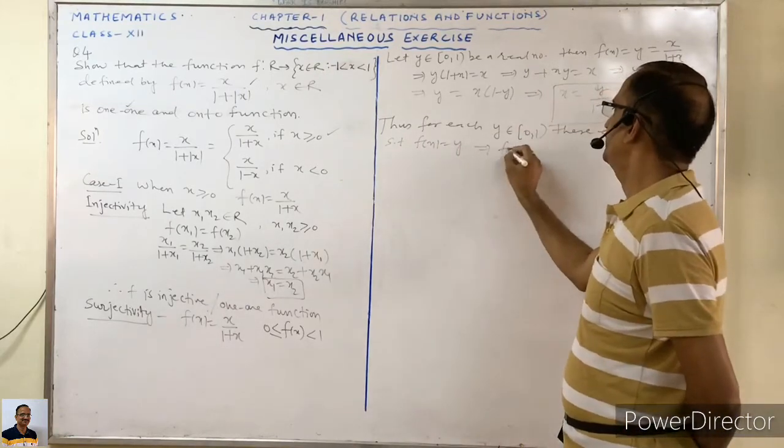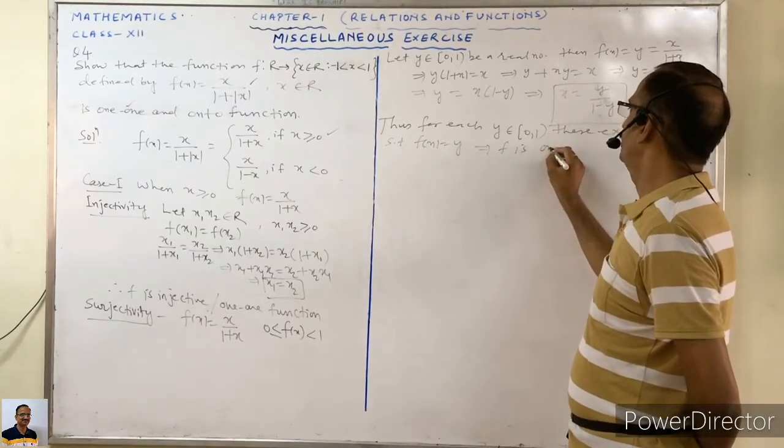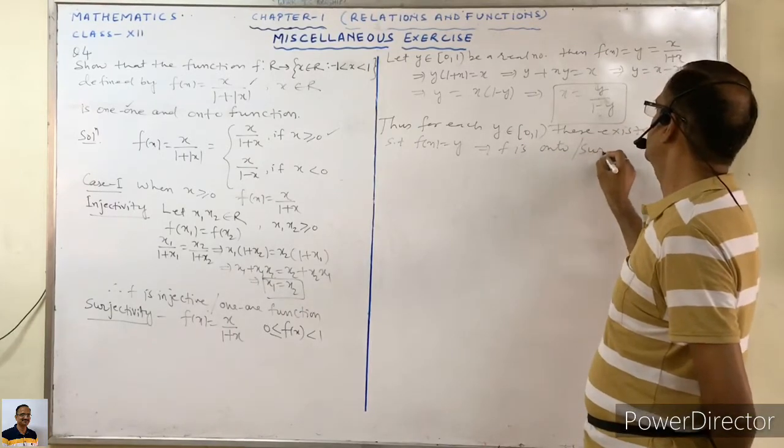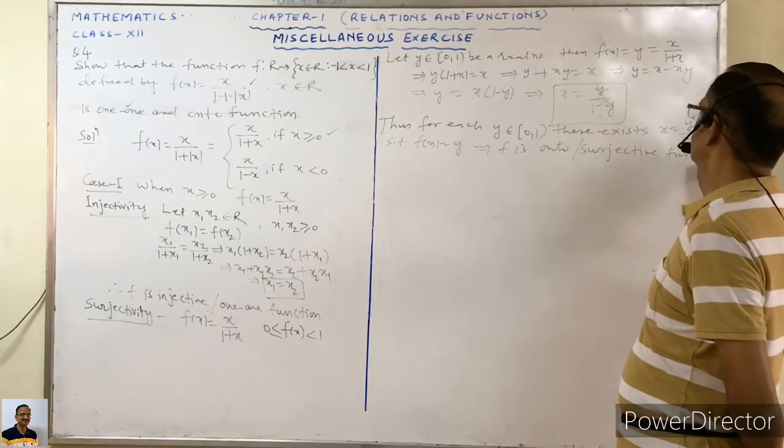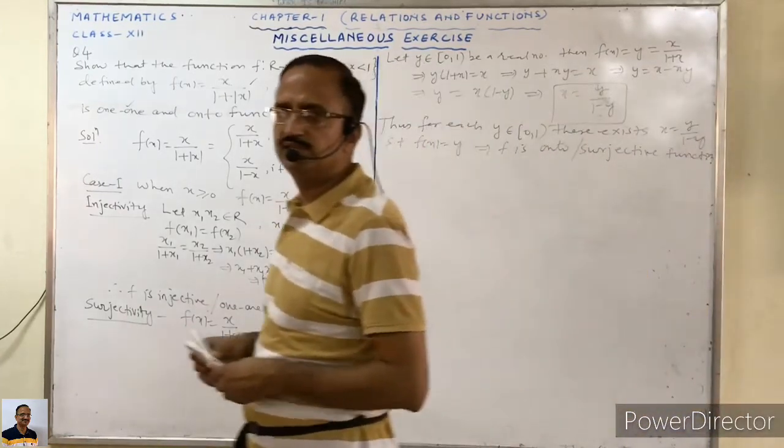This implies that f is onto, or you can say a surjective function. So the first case is over.